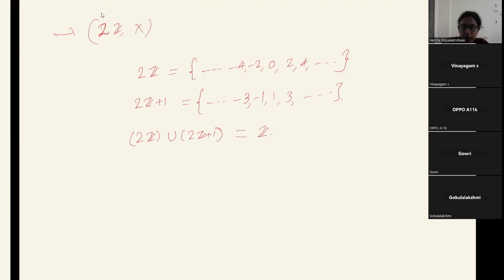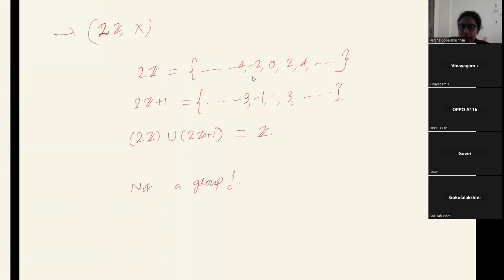Now the question is 2Z under multiplication. Obviously it is not a group. We already proved that Z under multiplication is not a group. Here also the same way, the inverse 1 by 2 is not there in 2Z, so it is not a group. If they give 2Z under addition, we can say it is a group.